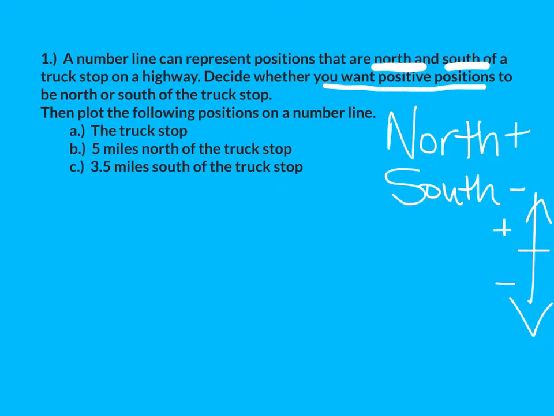Okay, so what else do they tell us? North or south of the truck stop. So that tells us a lot about where the truck stop should be. So if we create a number line here, in the middle of our number line is 0, and I know that positive goes to the right and negative goes to the left.